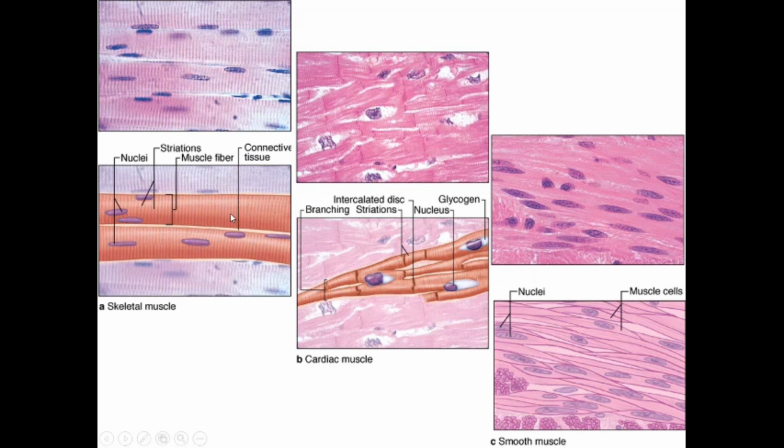You can see this cross striation here. They are multinucleated, and the nuclei are located in the peripheral position. This muscle contracts very quickly and very forcefully, and it contracts under our voluntary control.